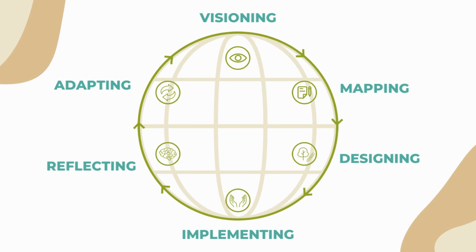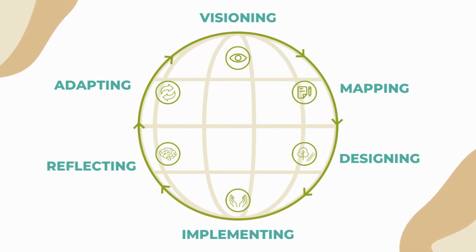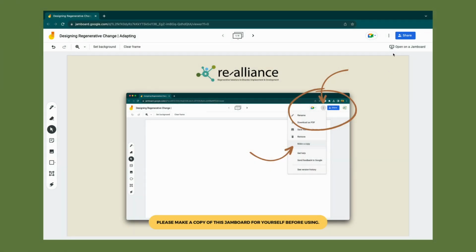You can think almost of your project idea as iterative. You can learn from what you've done and iterate and change and update your work to continue growing and continue evolving the work. So something that we've done is we've put together some of the activities from the past season of the Designing Regenerative Change series.